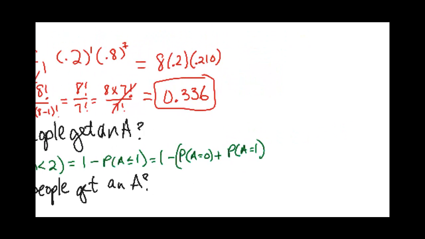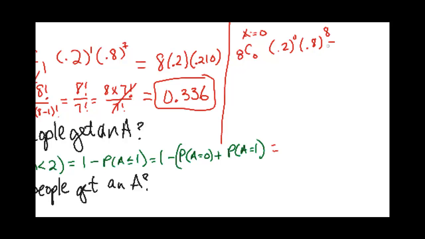So now back to plugging in numbers. If I've got to do 0 and 1, let's do 0. It would be x equals 0, or A equals 0. It would be 8 choose 0 of 0.2 raised to the 0 people getting A, and 0.8 to all 8 people not getting that.